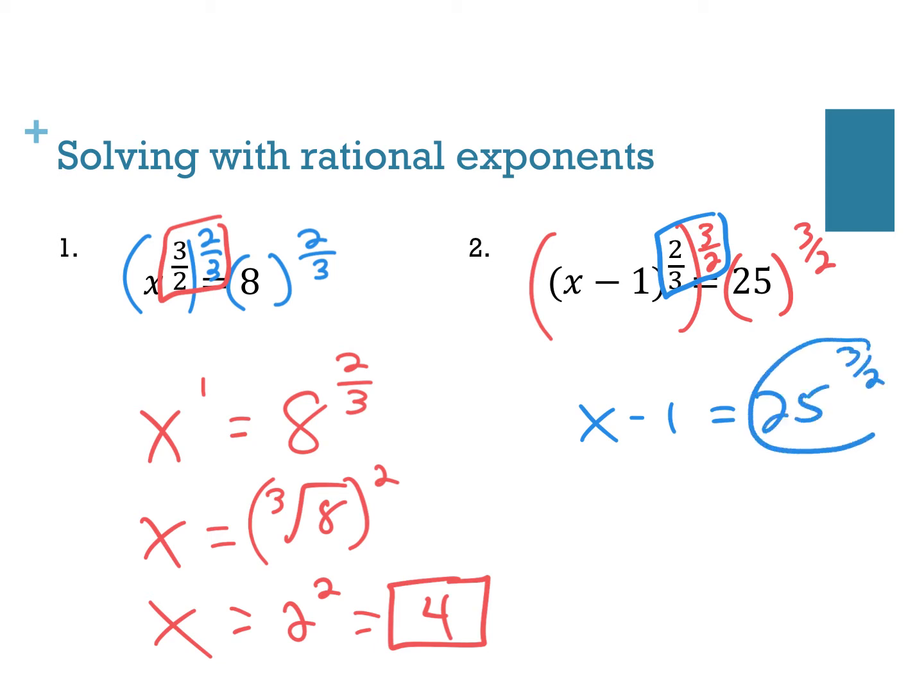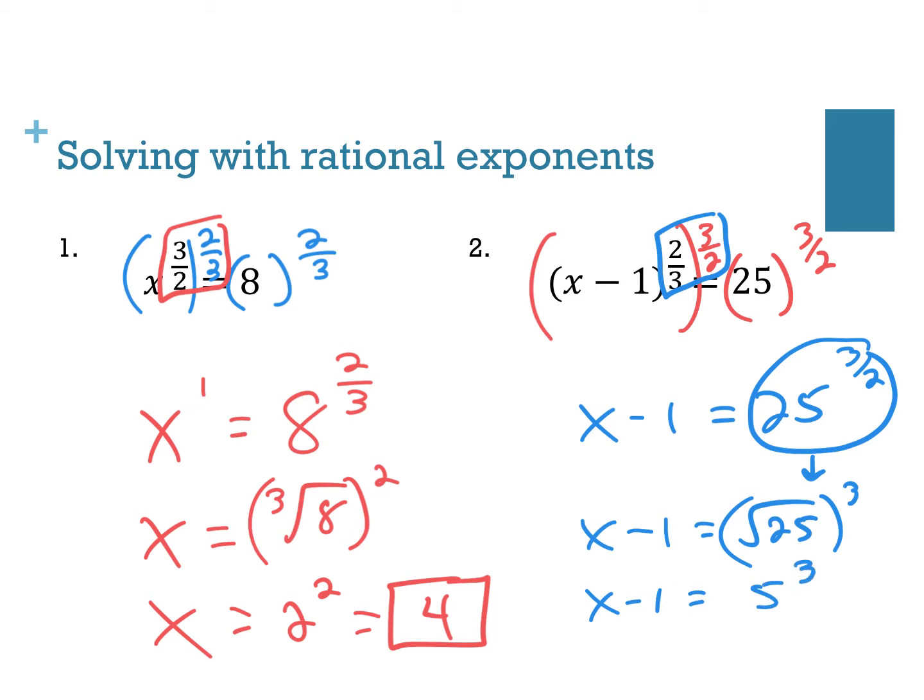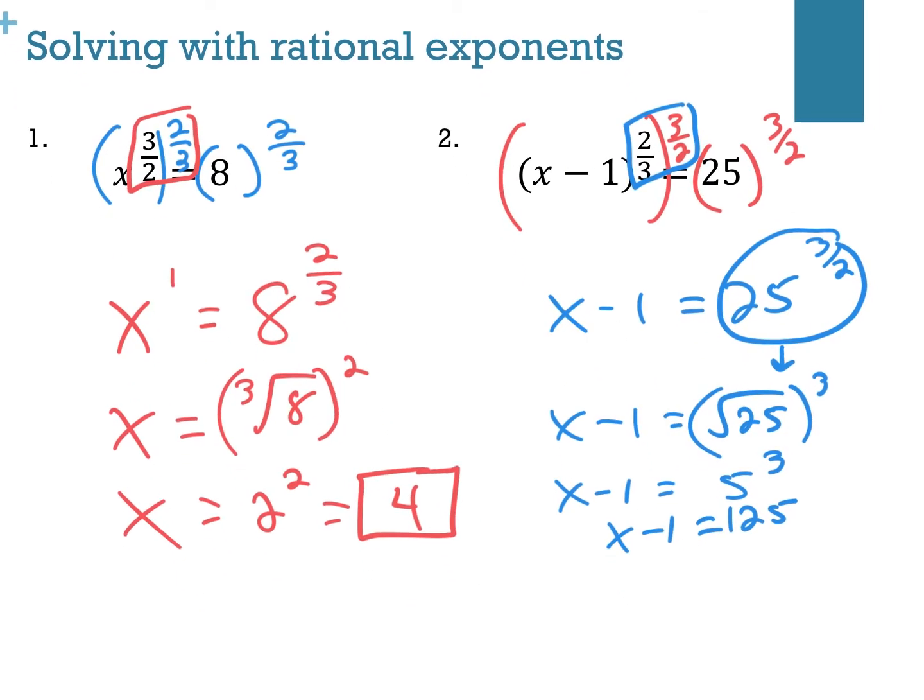So on the right side you're going to want to evaluate that, converting it back to radical form. So that becomes the square root of 25 cubed, and the square root of 25 is 5. And when I do 5 cubed, I get 125. And so my final answer, if I add 1 over to both sides, gives me 126 as my final answer.